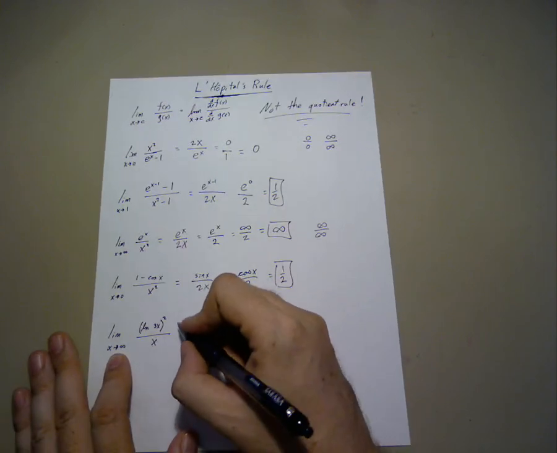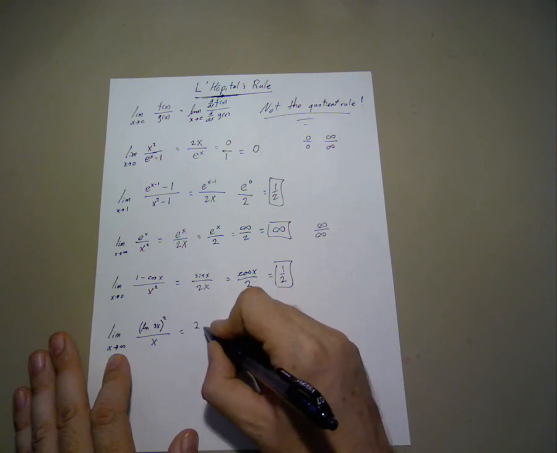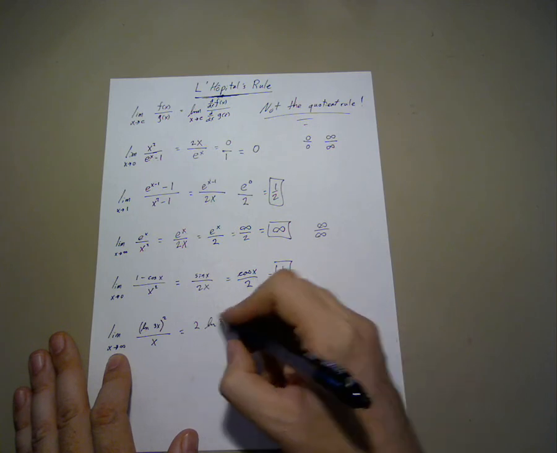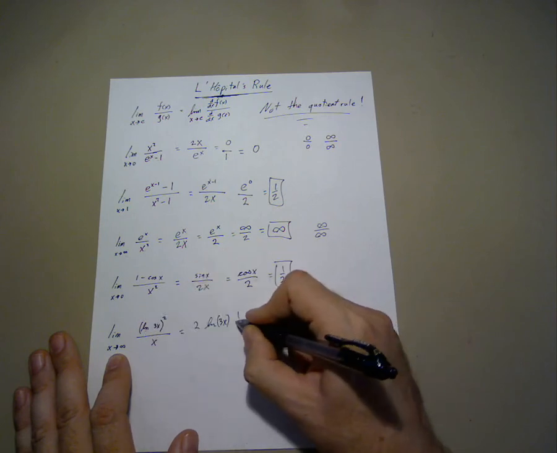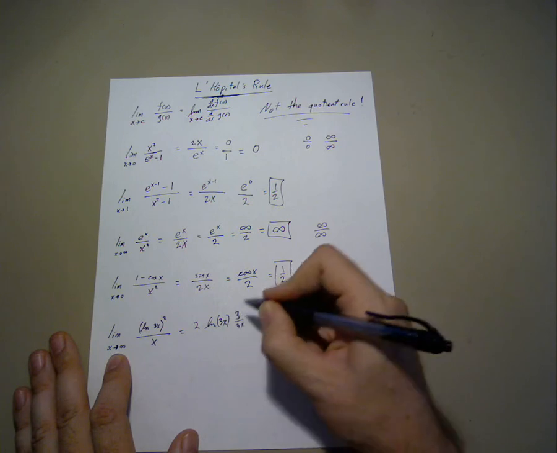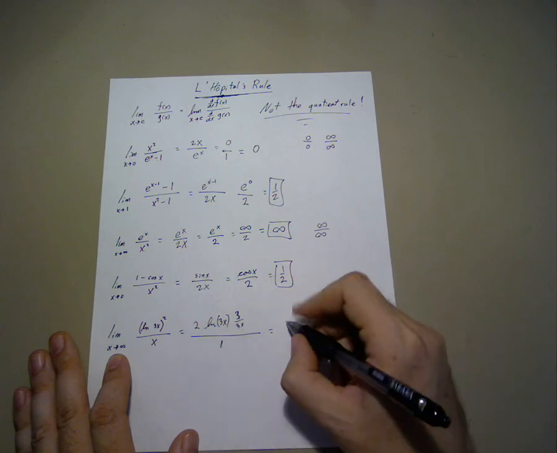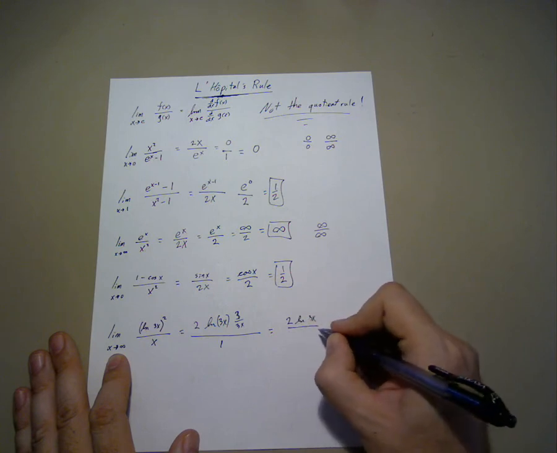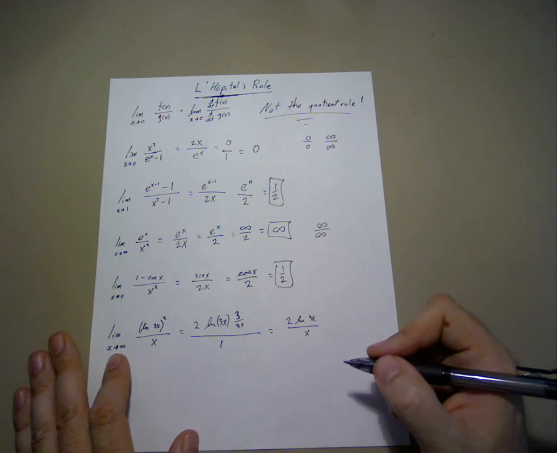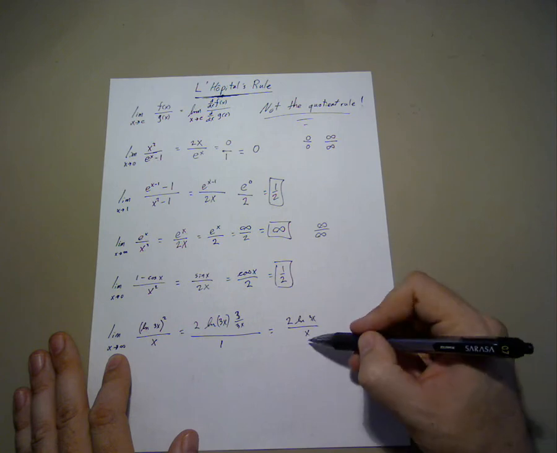So we will take the derivative and get 2 ln 3x times the derivative of the inside, which becomes 1 over 3x times 3, over 1, which is simply the same as 2 ln 3x over x, which is very similar to what we had before. Once again, we have an infinity over infinity form.